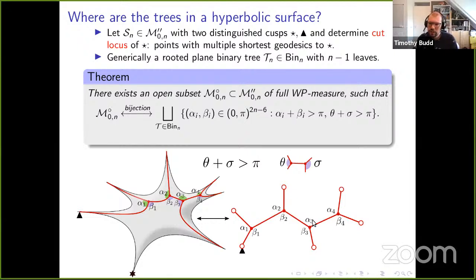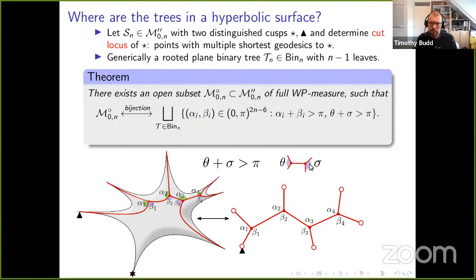And the only conditions are that these angles, so here I just record 2 of the angles around each vertex, should all be between 0 and pi, and they should satisfy this condition whenever you have 2 neighboring vertices. So this is the tree bijection that we're going to use.